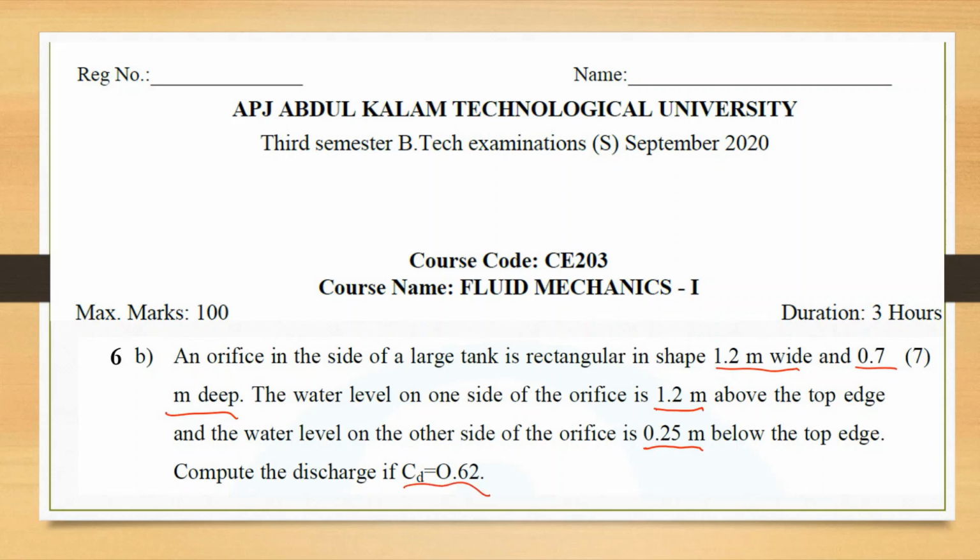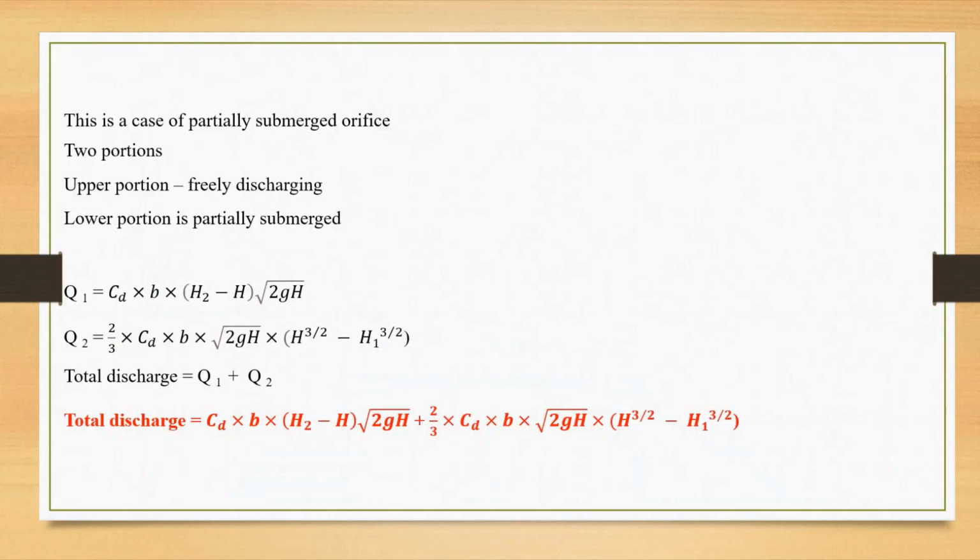So you must know this is a case of large rectangular orifice. And if we draw a figure based on orifice, so here we have an orifice. This one is the top edge of the orifice.